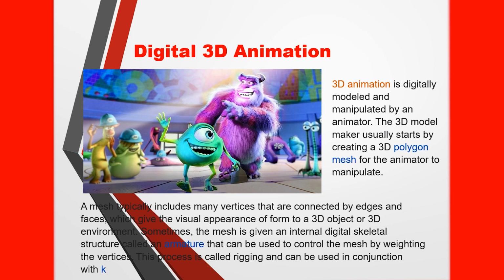Sometimes, the mesh is given an internal digital skeletal structure called an armature that can be used to control the mesh by weighting the vertices. This process is called rigging and can be used in conjunction with keyframes to create movement.